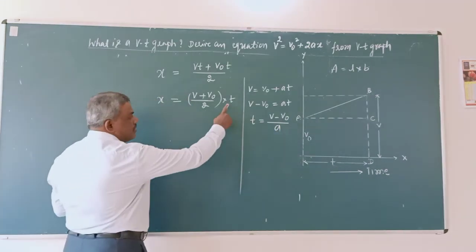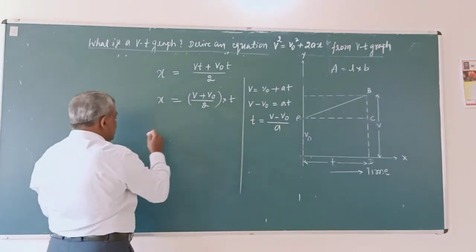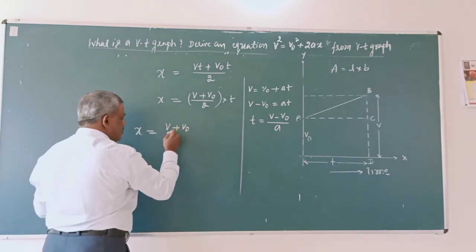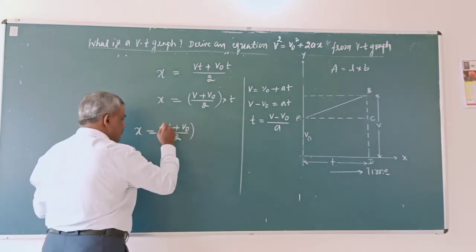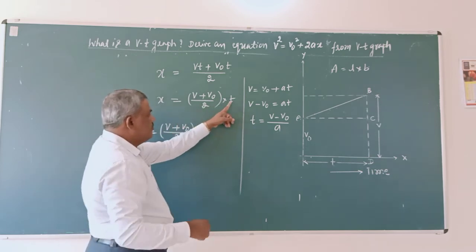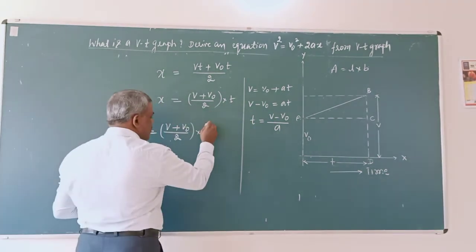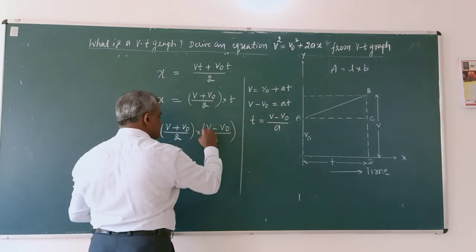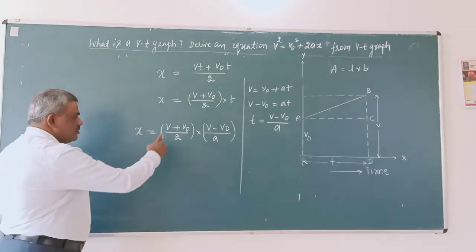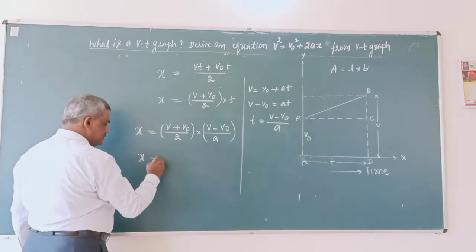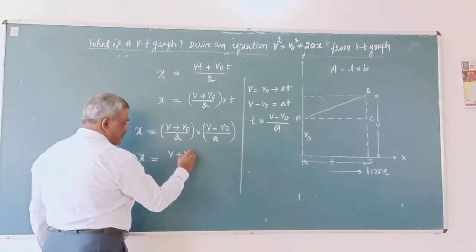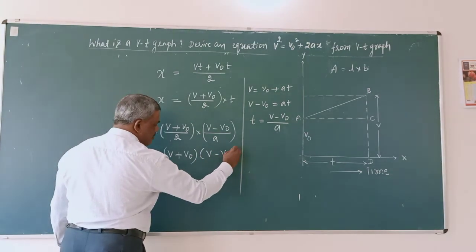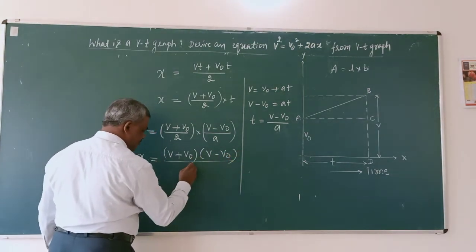Now substituting for the t value here, x equal to V plus V naught by 2 into, now t equals what? V minus V naught by A. So the above equation is written as x equal to V plus V naught into V minus V naught by 2A.